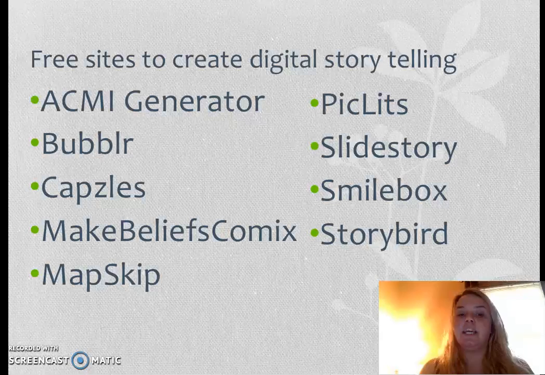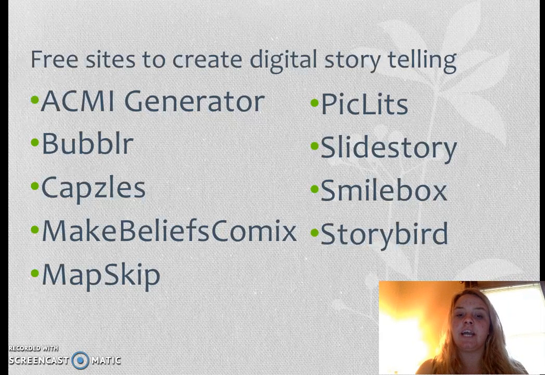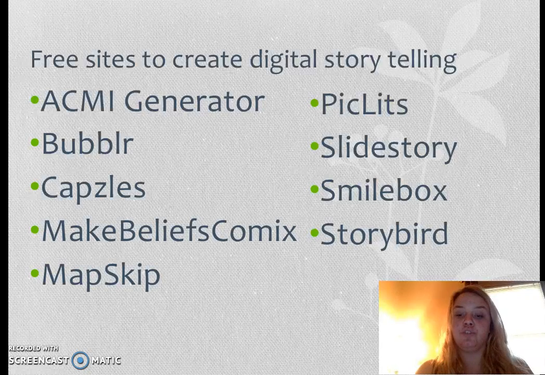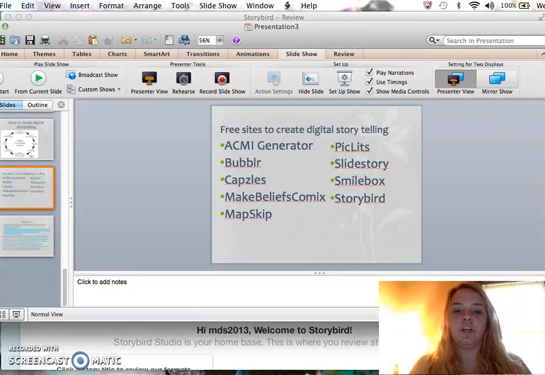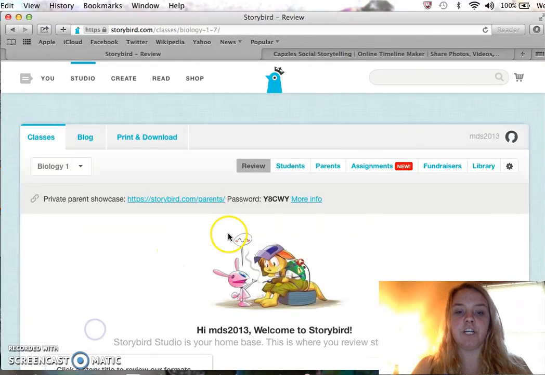As I said, here are some free sites to create digital storytellings with. I'm going to go through quickly and show you guys two of my favorites, which is Storybird and also Capsules. So first, right here, I have Storybird.